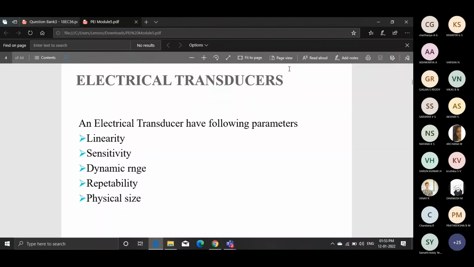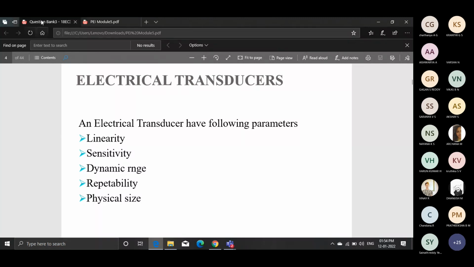A simple question: list out the parameters of the electrical transducers. List the advantages of the electrical transducers. Simple, direct questions have been framed. There may be a question where you simply list, or a brief explanation may be required. It depends on the question. You can check it out.